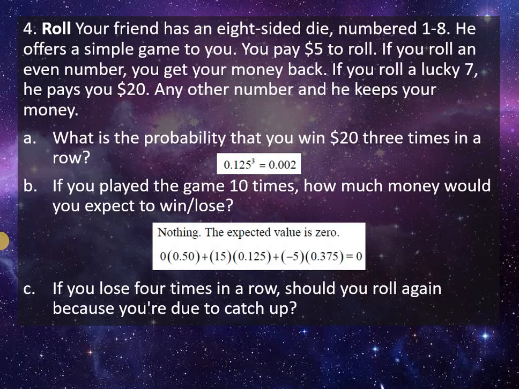So what we have here is 0 times 0.5 means you break even. 15 times 0.125, that means you won the $20 minus the 5 that you spent. And the negative 5 means you just lost. Okay? And then because we're talking about 10 separate times, 0 plus 0 plus 0, 10 times is still 0. Okay?